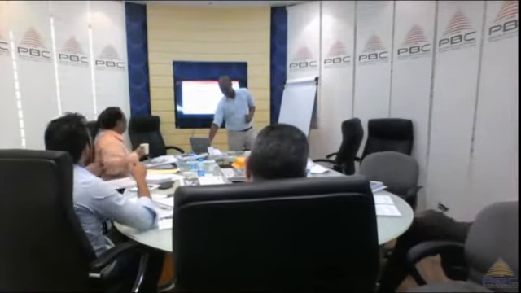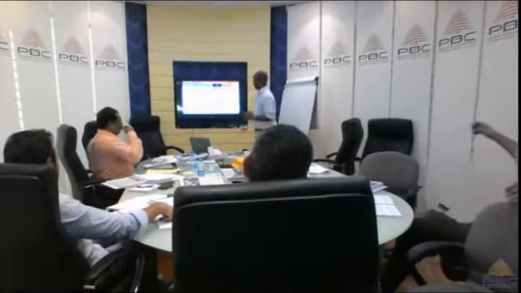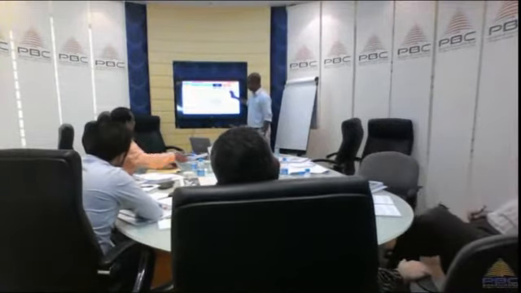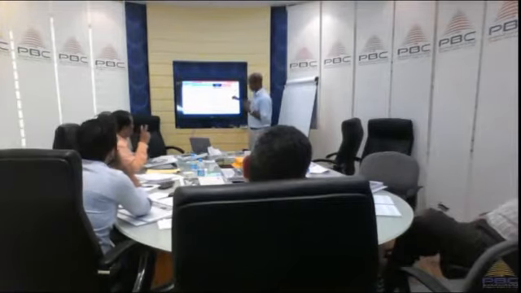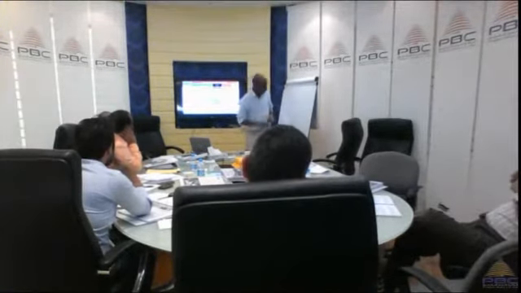So I'll introduce now a very important concept. When we talk about controlling these three components, which are the heart of our project, the core of our project: scope, schedule, cost. These three things are what we call the triple constraints.